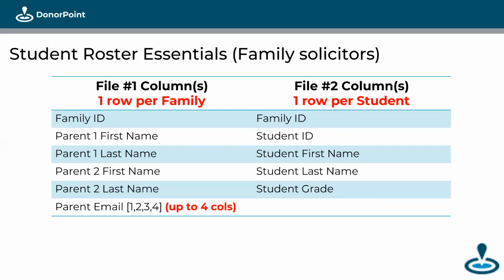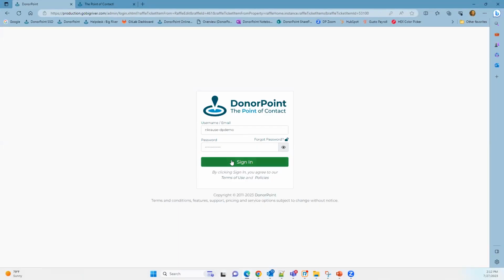The next thing we're going to do is go take a look in DonorPoint in the administrative interface, and we're going to look at finding and editing launch emails and other emails in the system. I'm going to log into our demo site as a demo site administrator.